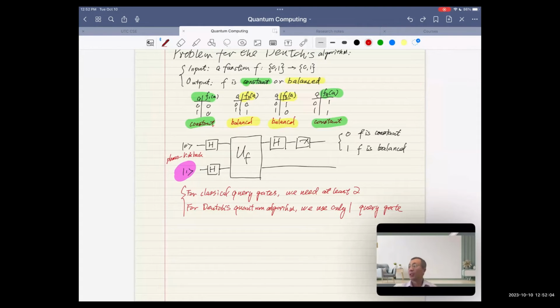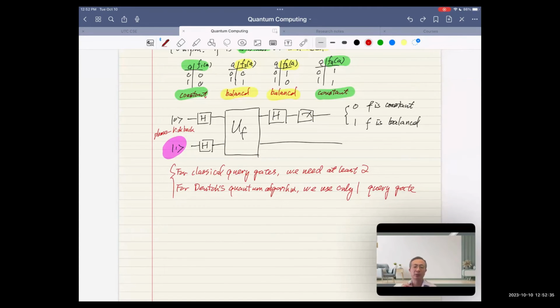The IBM tutorial goes over all this mathematically to show why this works. I'm hesitant to go over that directly because that's quite a lot. But the IBM tutorial does go over the mathematics to show why this algorithm works. What it does is go step by step.